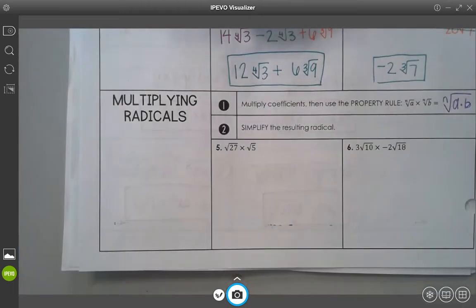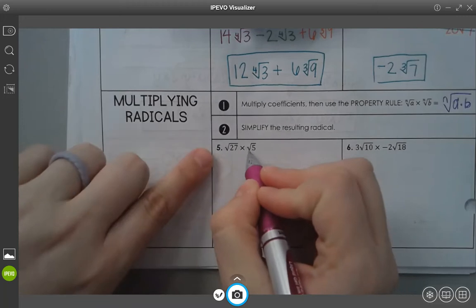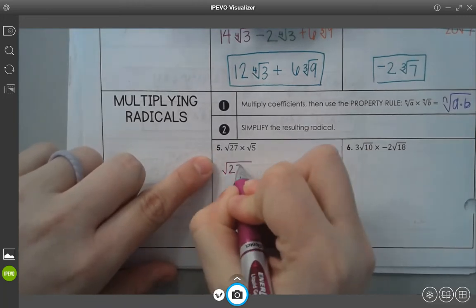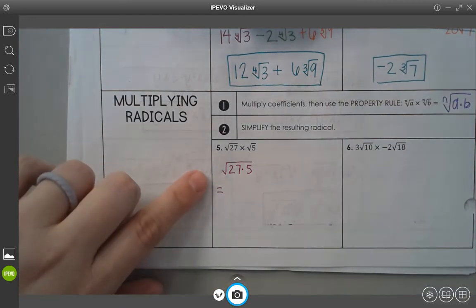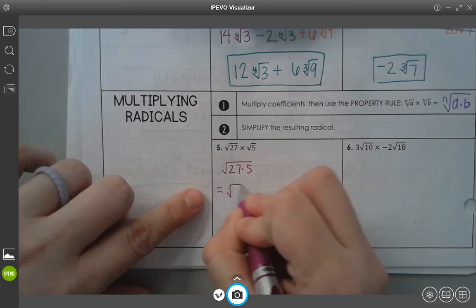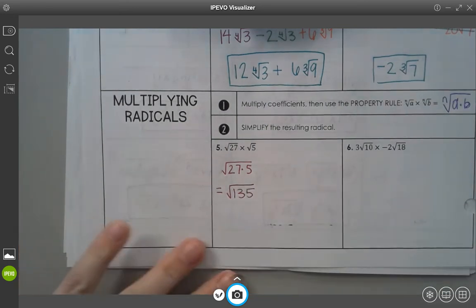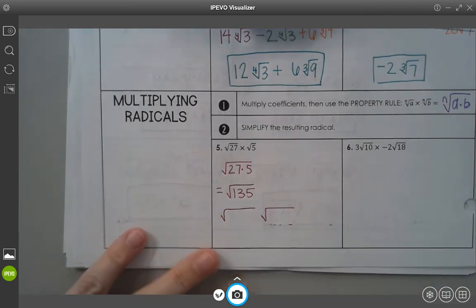So number 5, we're working with fairly small numbers here, so we won't simplify to begin with. So there's no numbers outside to multiply. So we're just going to use the square root of 27 times 5. So we've got the square root of 135. And then you just split that apart.